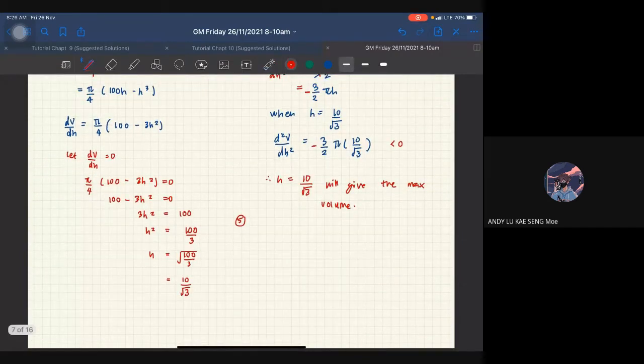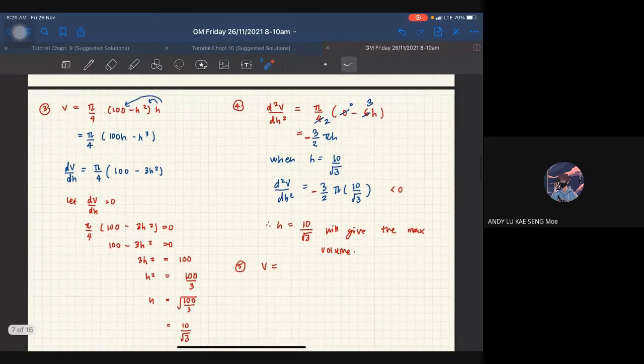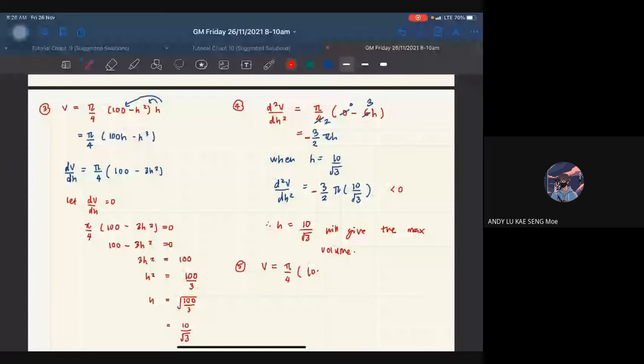So V is equal to pi over 4 times 10 over 3, and then minus with 10 over 3 cube.